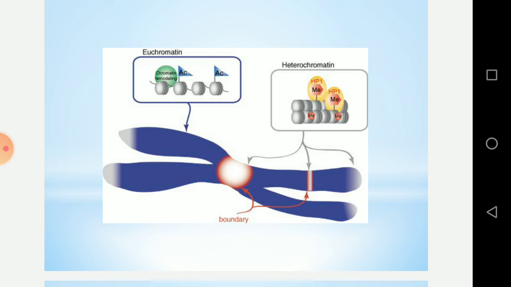But in heterochromatin, you can see all the histone molecules are tightly packed and DNA is wrapped around them. So euchromatin is loose and not tightly packed, and heterochromatin is tightly packed and stained darker.